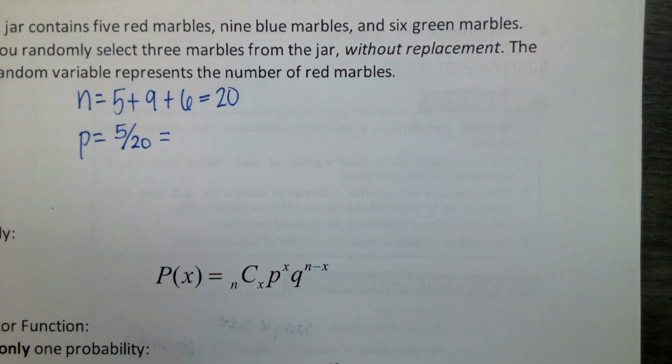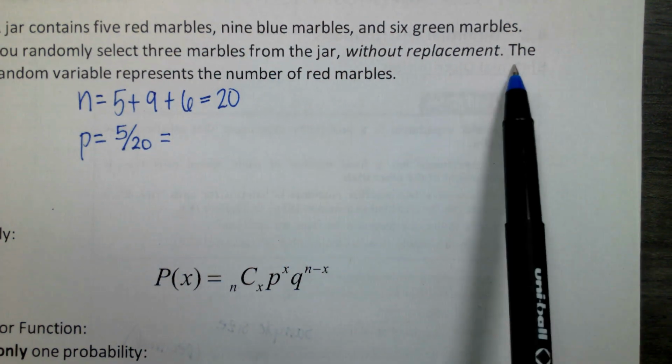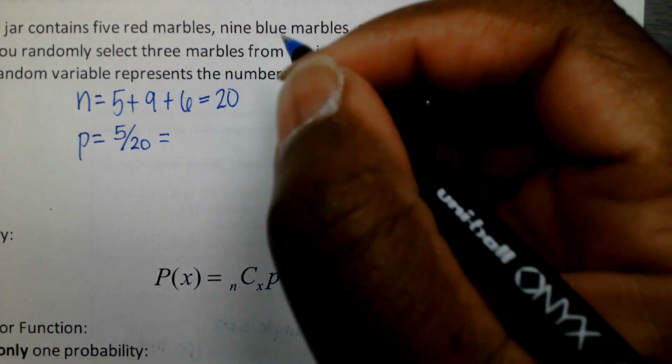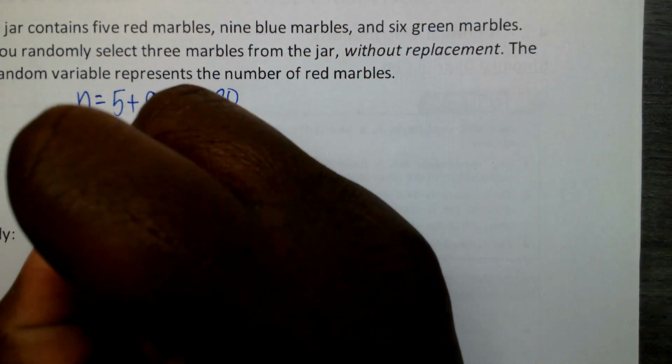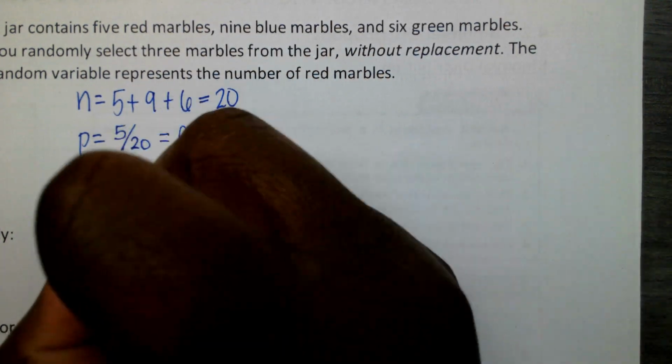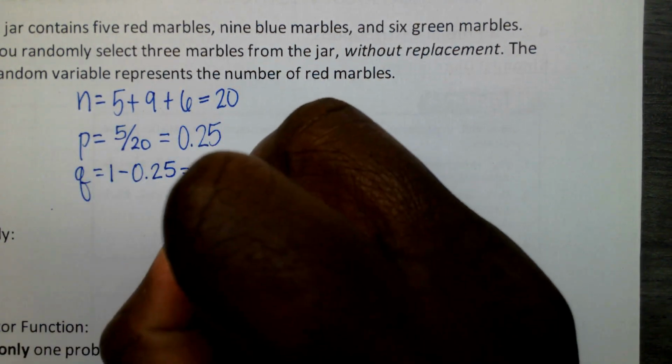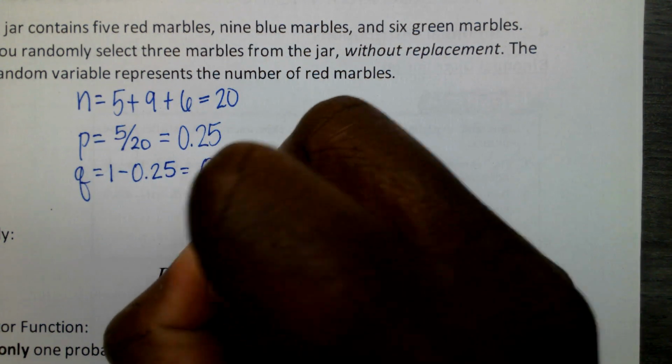You have to find it on your own. So you look at your total frequency, or your sample size, or your total number of trials. Identify what you're looking for specifically. Look for red marbles. And this is 0.25. Our Q is going to be 1 minus this.